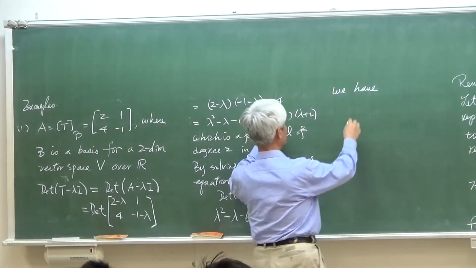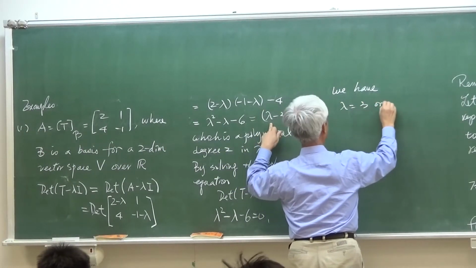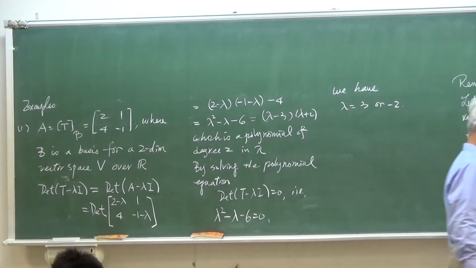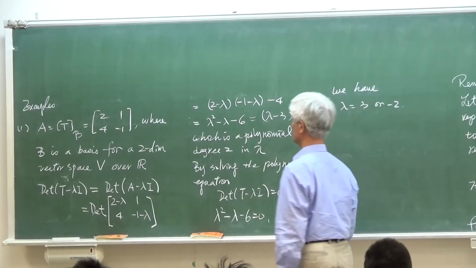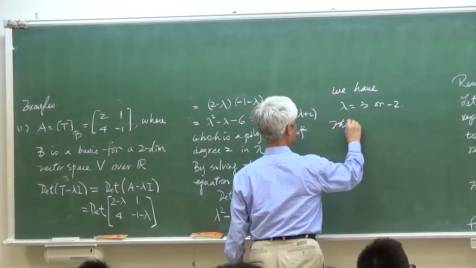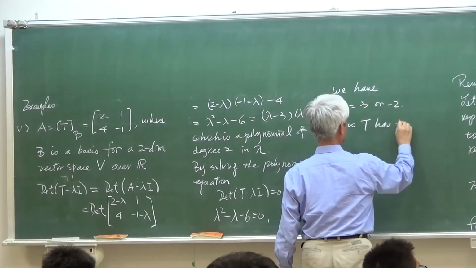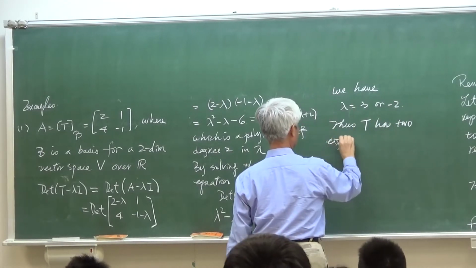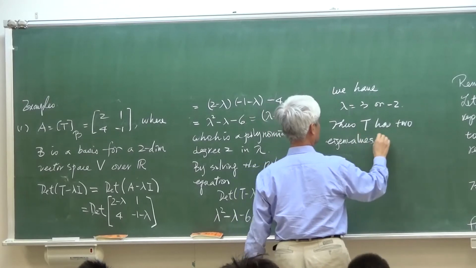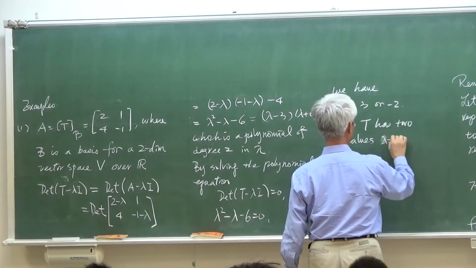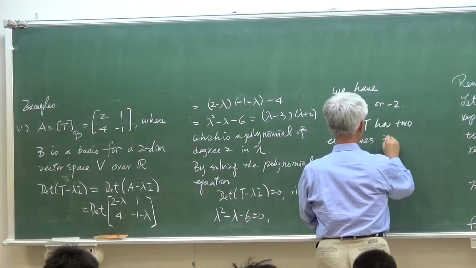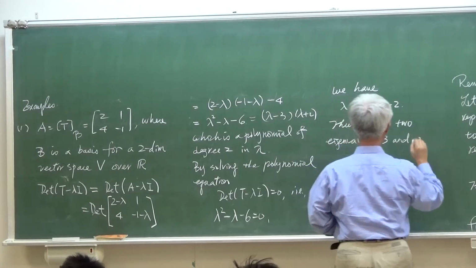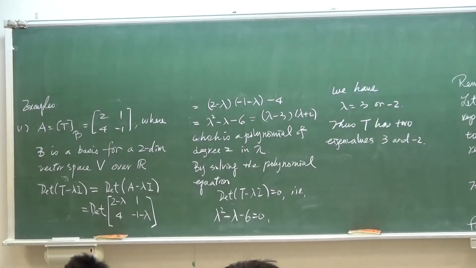By solving that, we have lambda equal to 3 or minus 2. So it has two eigenvalues, lambda equal to 3 and lambda equal to minus 2. So we have solved the problem of finding the eigenvalues.